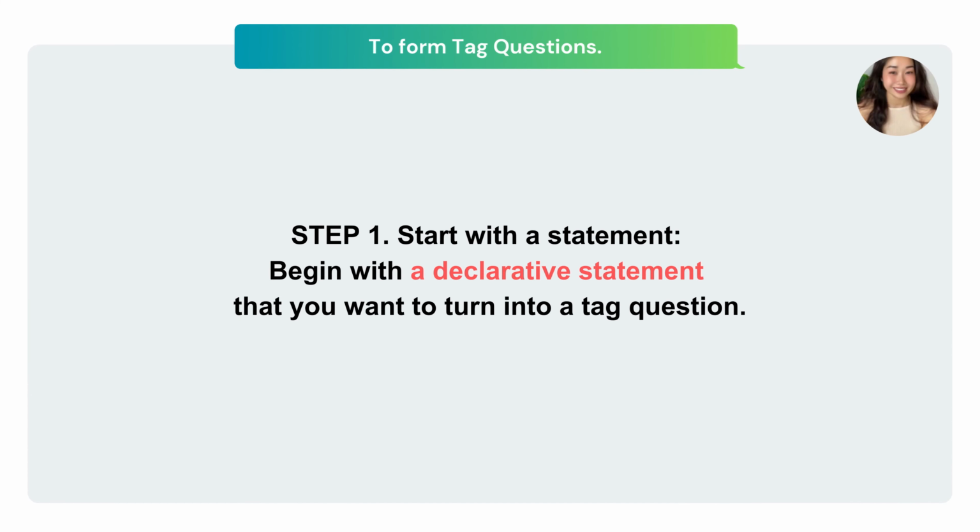The third type of question, we call it tag questions. And how to form tag questions? You can follow these 2 steps. Step 1, start with a statement. So begin with a declarative statement that you want to turn into a tag question, like this.